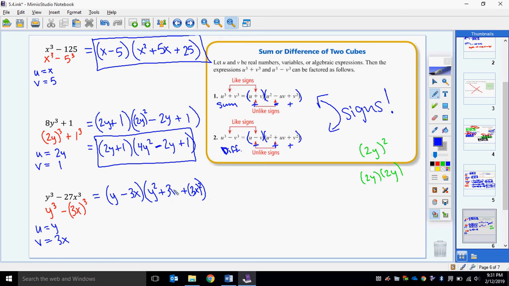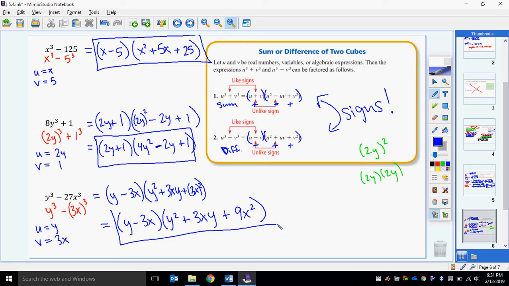So 3x times the y. And let's simplify that. I can't subtract y minus 3x. Those aren't like terms. Y squared is already simplified. 3 times y times x is as far as I can go there. But 3x squared is the same as 9x squared. And again, there's no like terms for me to add or subtract in the parentheses.